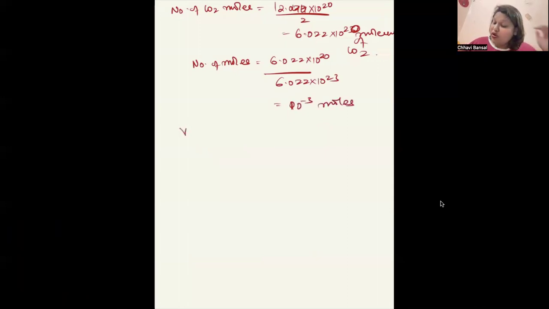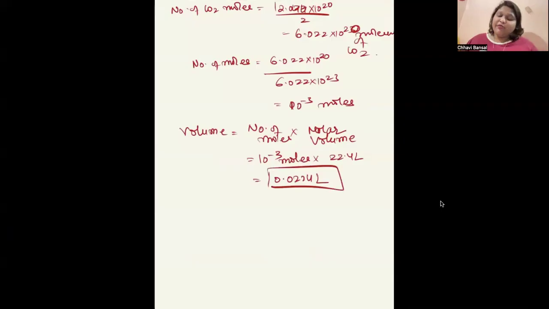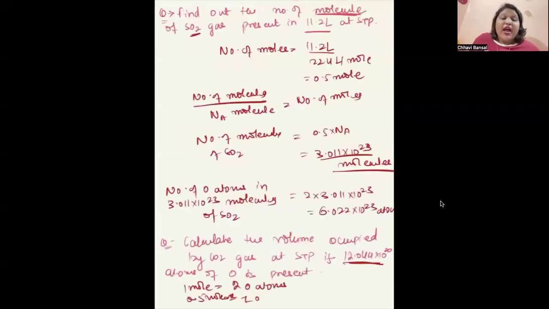And then the volume is equal to number of moles multiplied by molar volume, which will be 10 raised to power minus 3 moles multiplied by 22.4 liter. This gives us 0.0224 liter. This is the volume of CO2 gas that it occupies at STP if this is the given number of atoms of oxygen present in it.